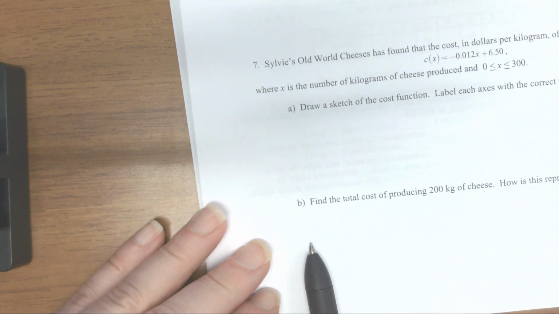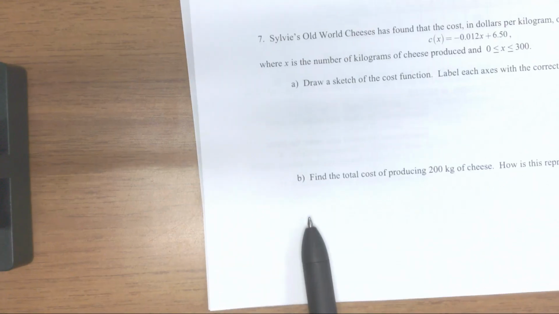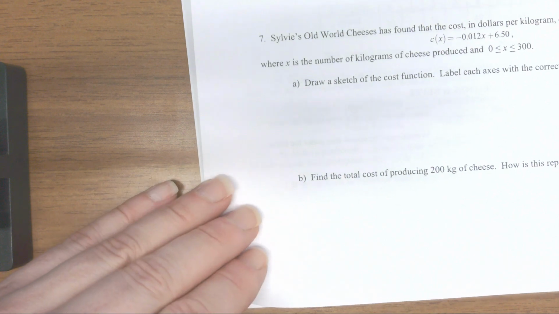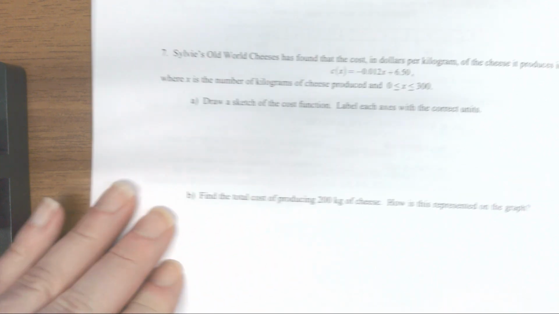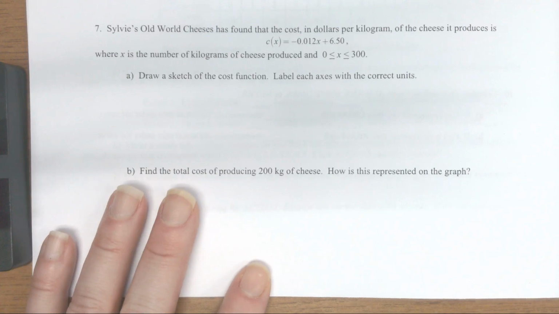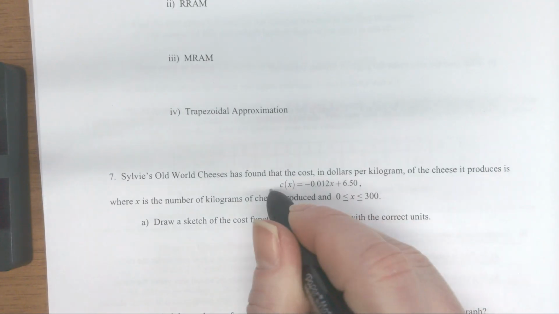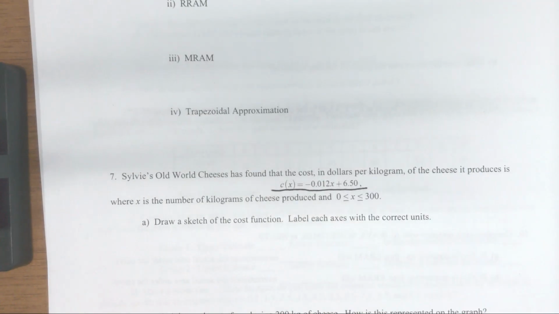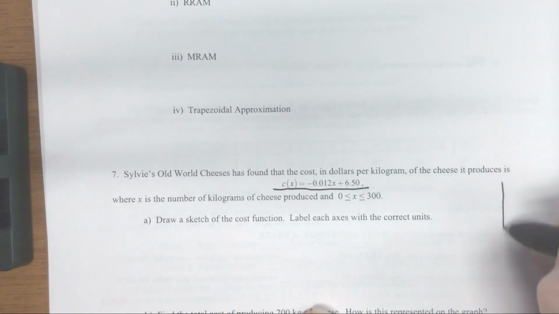You're going to find the cost of producing 200 kilograms of cheese. This is going to be exact. Do you know why? Has to do with this. What kind of function is that? It's a line. It's going to have a negative slope.